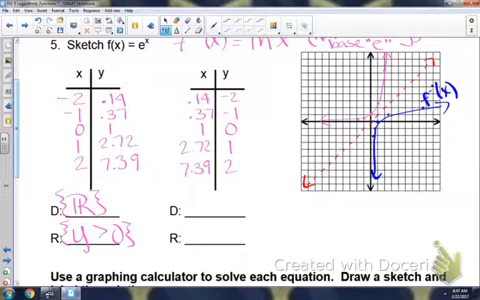Now if you look at the blue one, the natural log of x, domain is x greater than 0, and then your range would be all real. So in all of these, when you have an exponential, domain's all real, y is greater than 0 in the range, and then the opposite of that on your log function.